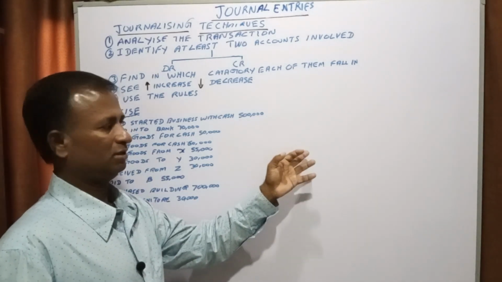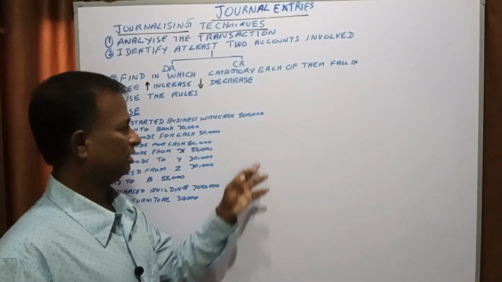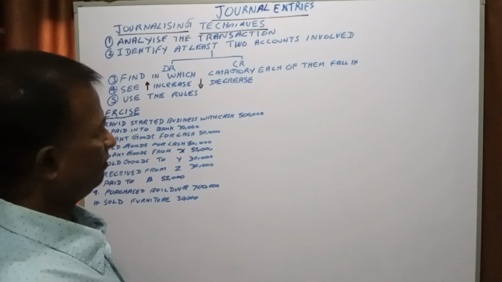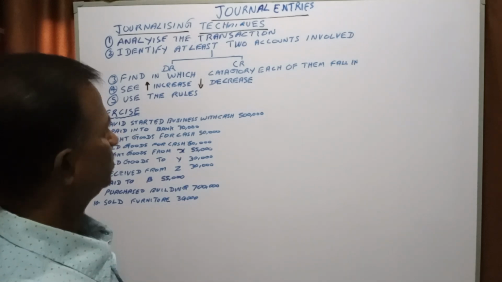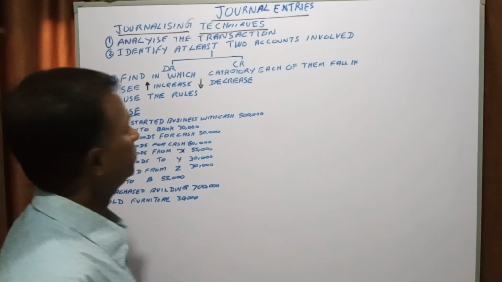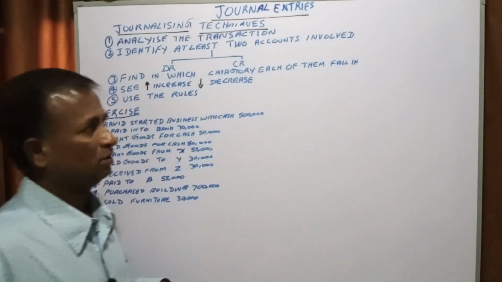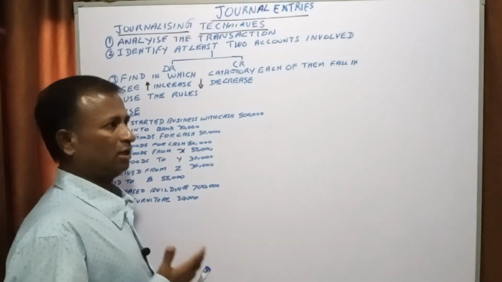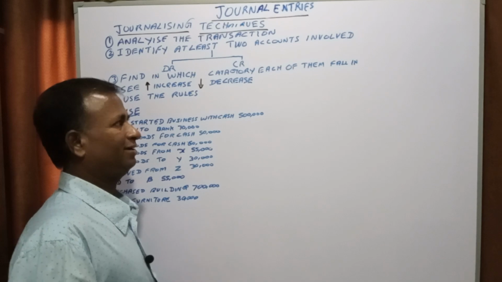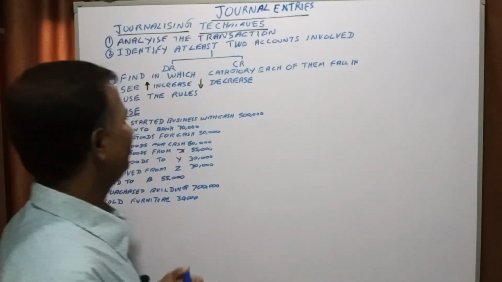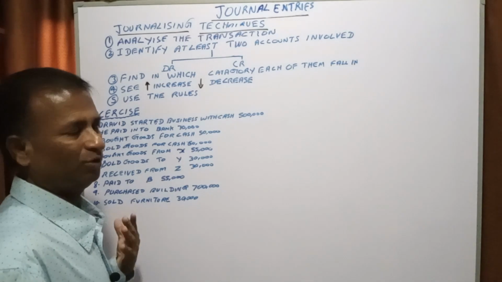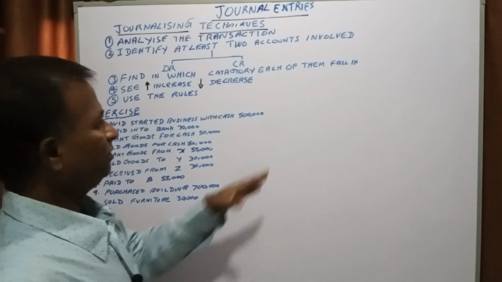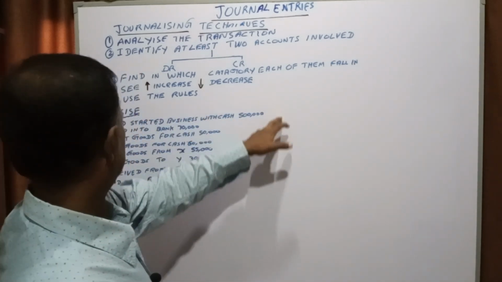If it is an increase, if it is a decrease, what entry has to be passed, right? But anyway, I will again show you that format to refresh you all. I cannot be sure whether you saw it in the previous chapter. So I will give that format now, and we'll try to solve this problem, right?